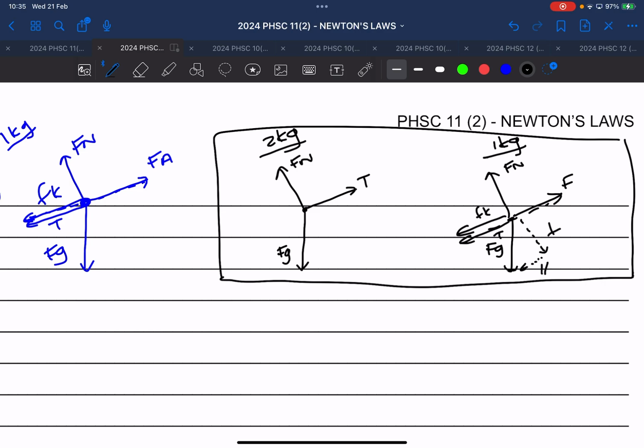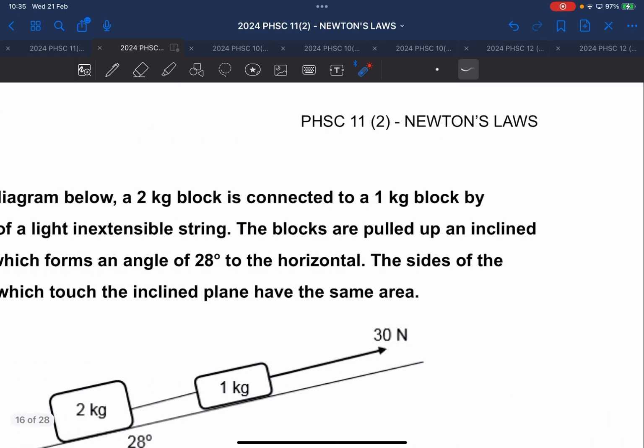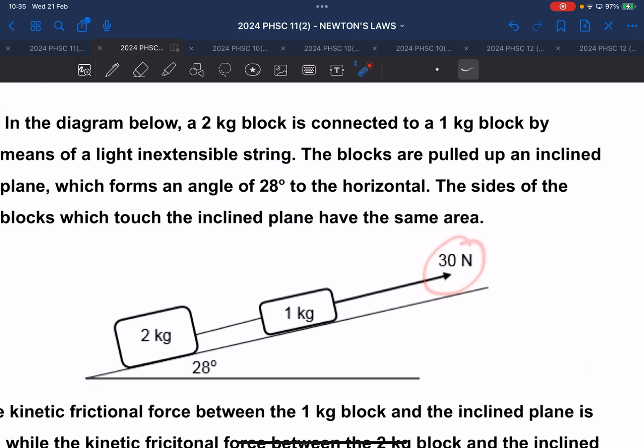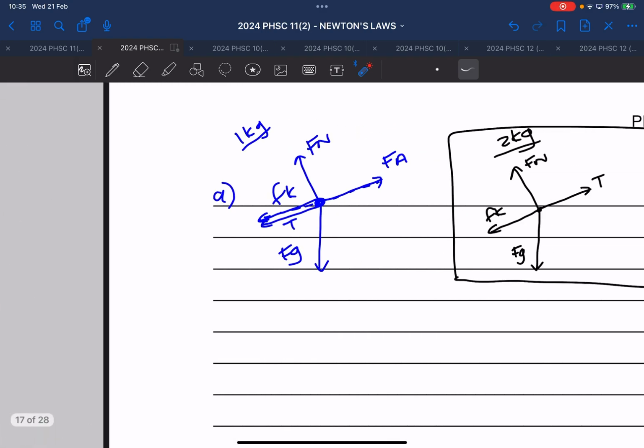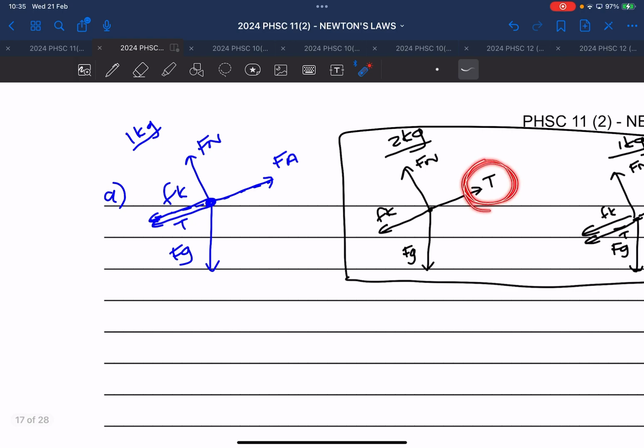Oh, and this applied force, Zara, shouldn't that also be there? No, because that 30, if that was someone's hand, is not touching the 2 kilogram. It's touching the 1 kilogram, that touches the rope, that touches the 2 kilogram. So we already have the rope, the tension there.